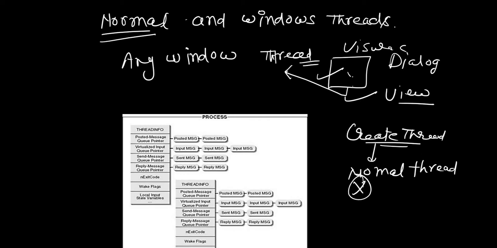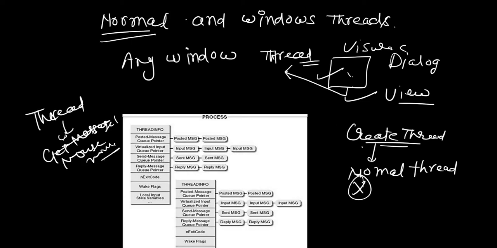But as soon as this thread calls any function which uses Windows functionality, suppose GetMessage or a mouse move, anything associated with any window operation, in that case this thread becomes a window thread.